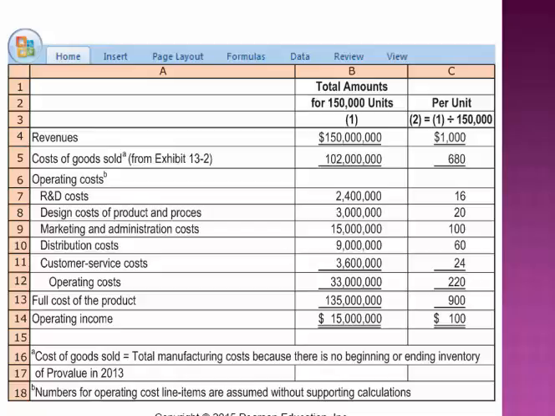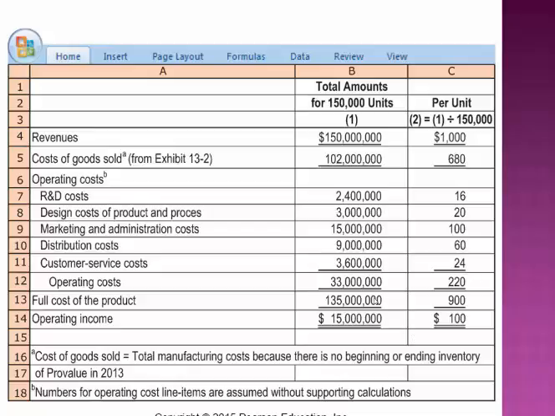I want you guys to consider the value chain for an organization and notice that these are the remaining underlying aspects of that value chain. Okay, so over the long run, we're considering every cost that we incur in our pricing decisions.